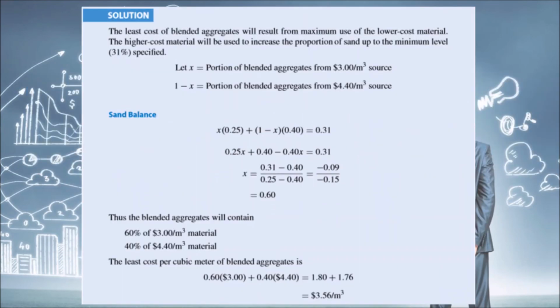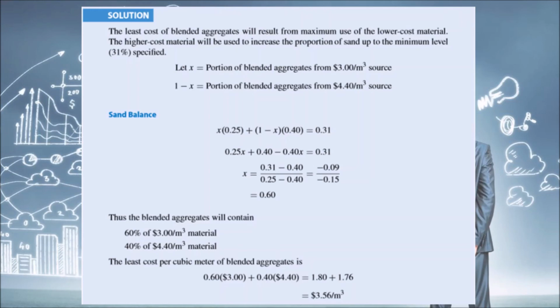Okay, so here is the solution. The least cost of blended aggregates will result from maximum use of the lower cost material. The higher cost material will be used to increase the proportion of sand up to the minimum level, which is 31% specified.